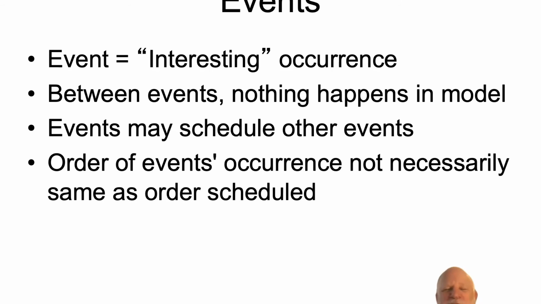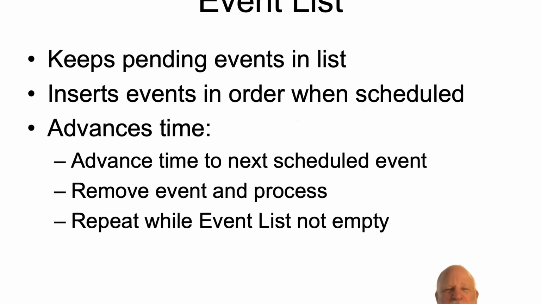And so that second missile may impact sooner than the one that I launched earlier. So for the model to be correct, the events have to occur in the order that they actually occur. And we'll see what that's about. How does it do that? With something called the event list, or in the reading, the future event list, or FEL.